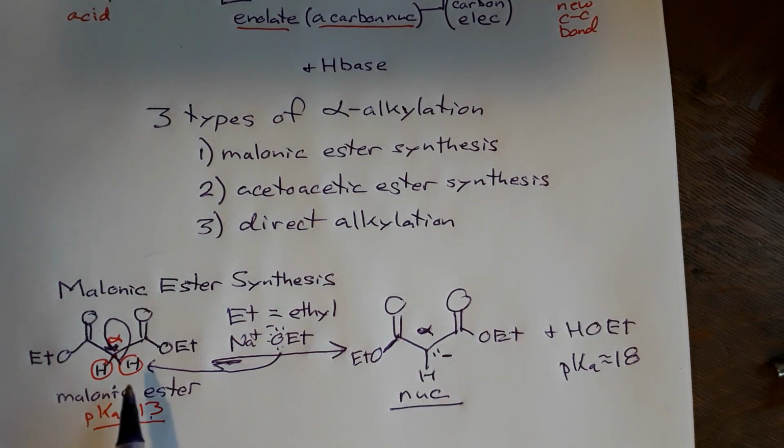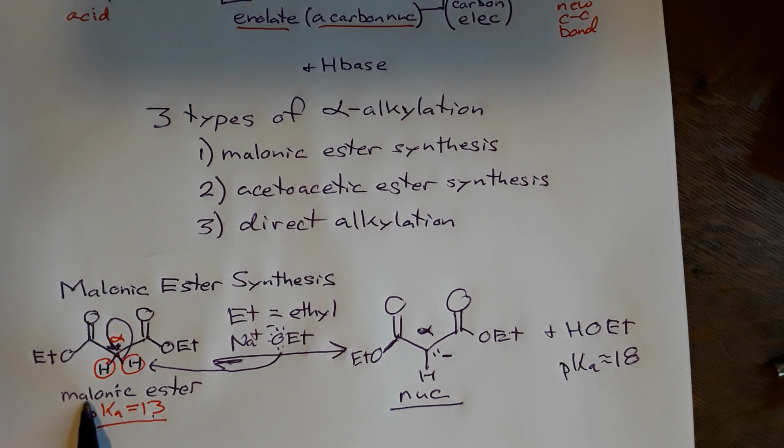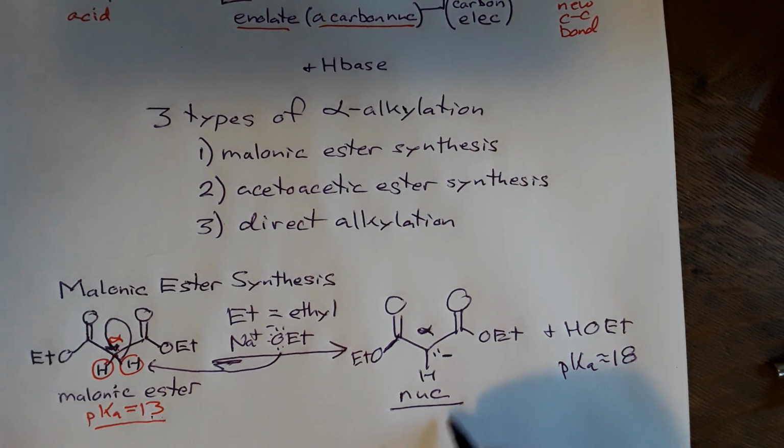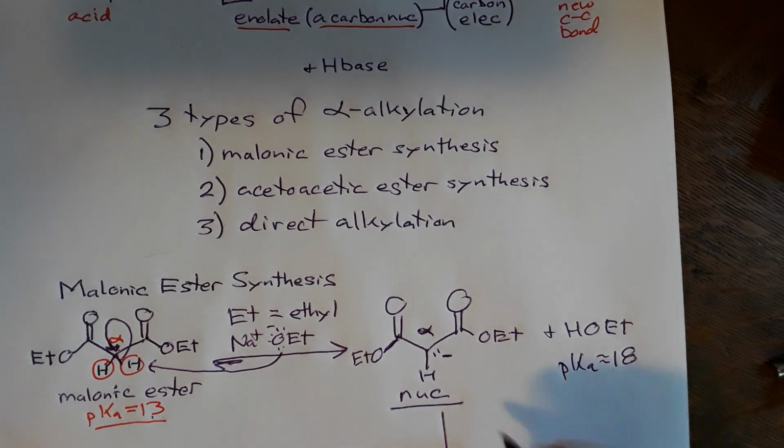So what we've done by using a dicarbonyl compound and one that's very acidic is we have been able to completely convert it to the enolate. So now we have this enolate, we have a nucleophile here, and we can add to it then an alkyl halide.